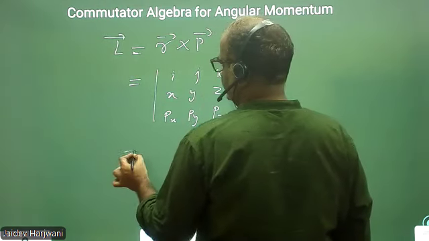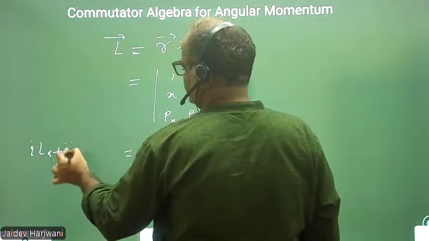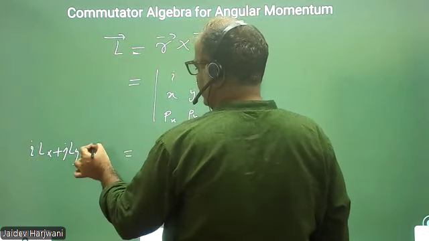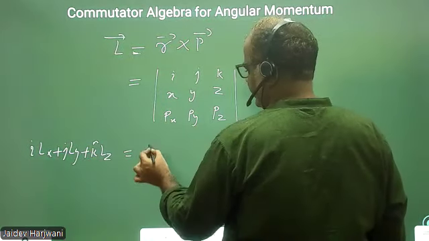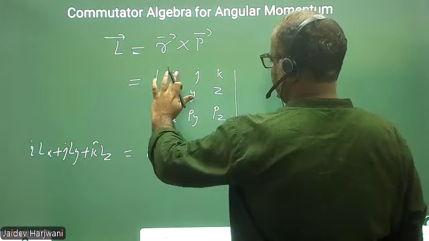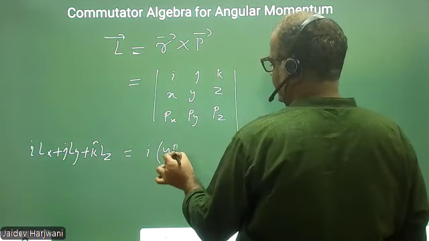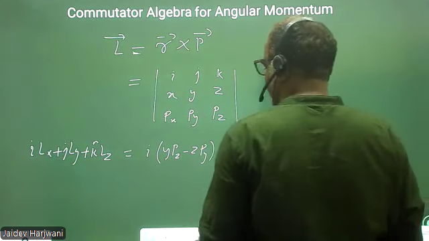And I can write L as i Lx plus j Ly plus k Lz. And this determinant I can open: i, then you have x, then you come y pz minus z py.